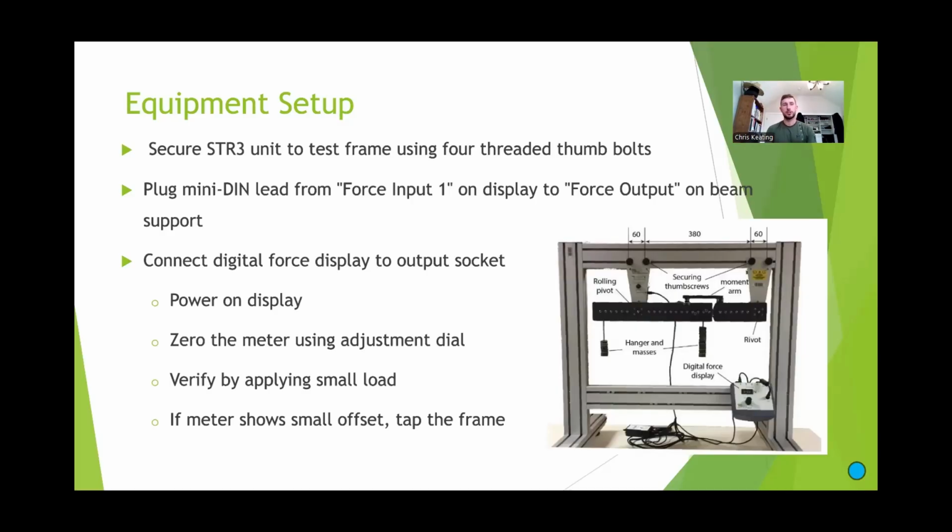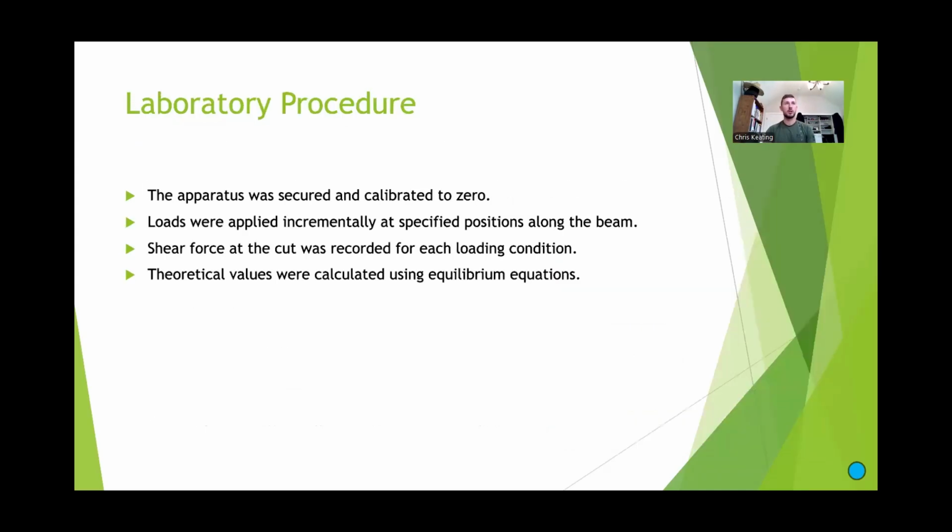We followed the lab instructions that we were given and verified that the small load we applied was accurate in the display, where it reads off the force. If the meter showed a small offset, we tapped the frame a little bit so that it was accurate.